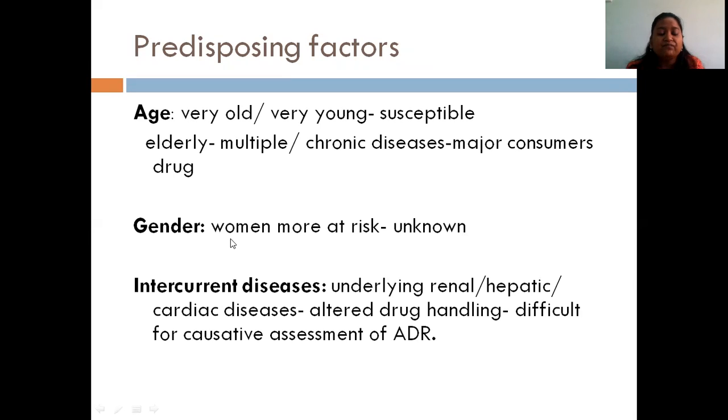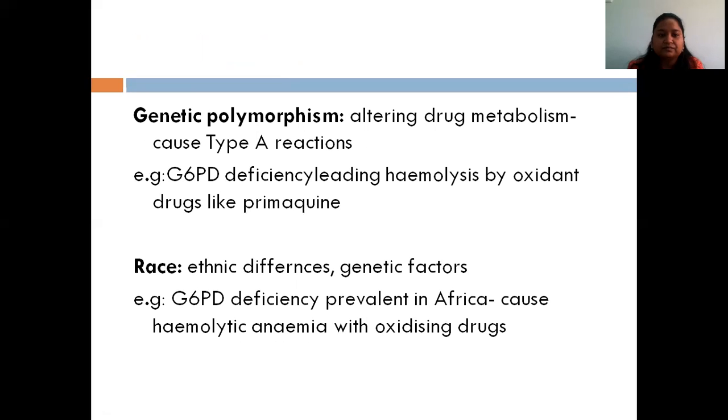Next is gender, where women are more at risk; the factor behind this is not known. The next factor is intercurrent diseases, like underlying renal, hepatic, and cardiac diseases, because the drugs given for these organ-related diseases are more prone to produce ADRs.